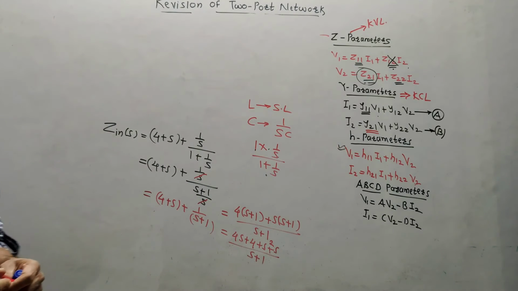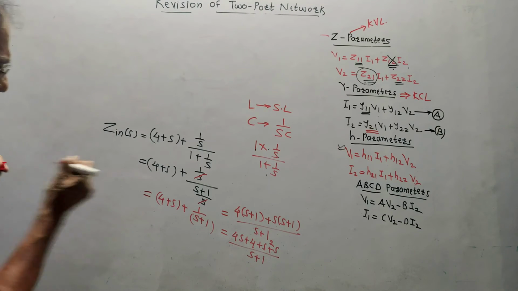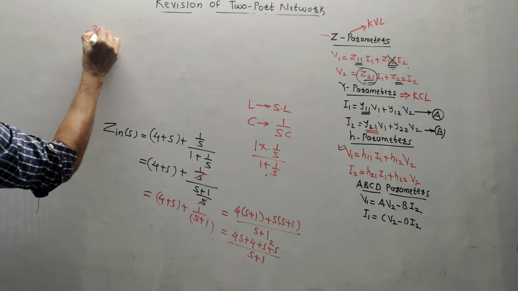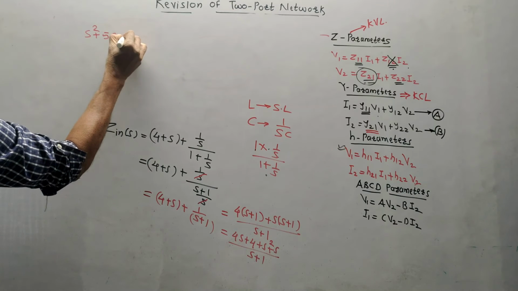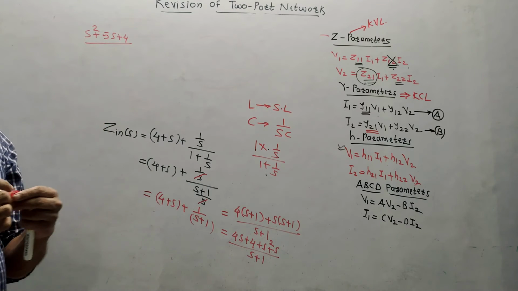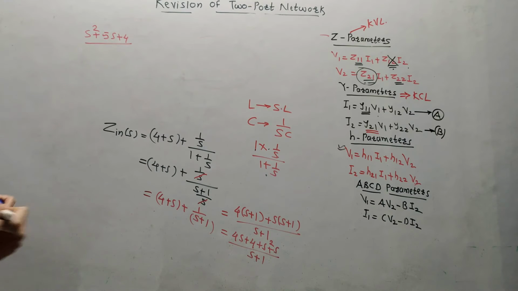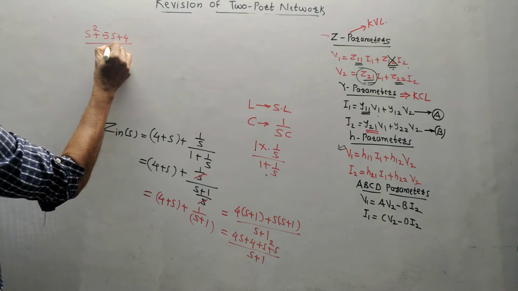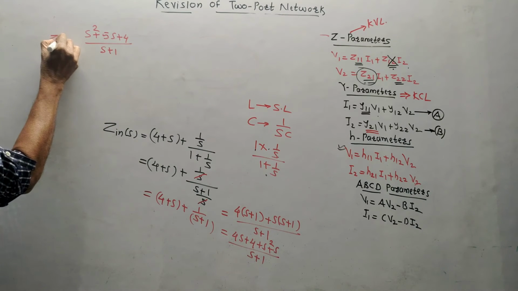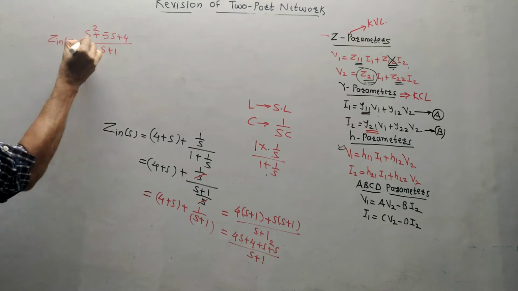After simplifying, I will get the equation S square plus 5S plus 4 upon S plus 1. This is the answer of driving point impedance Z in of S.